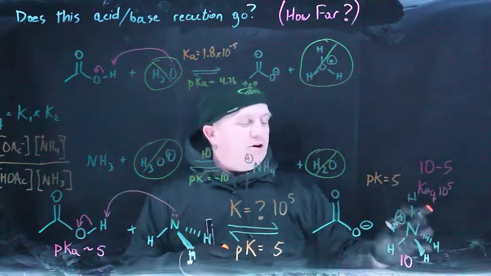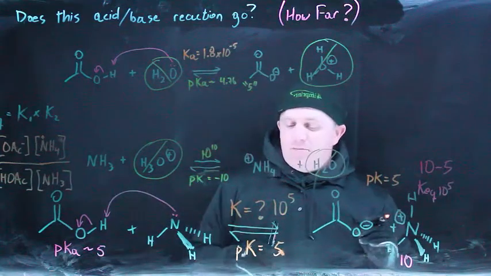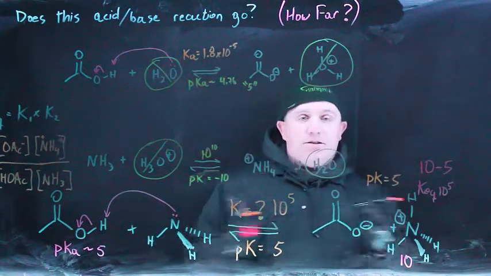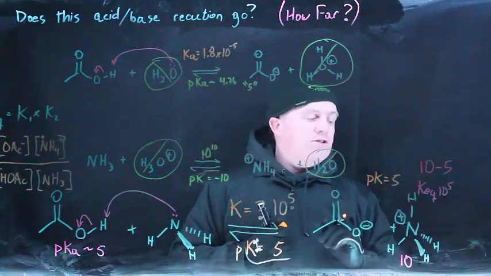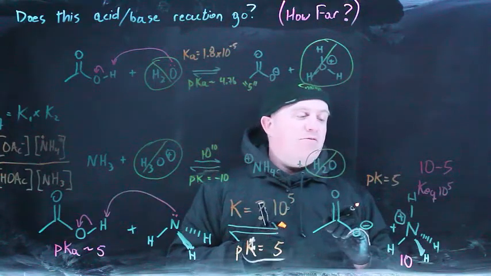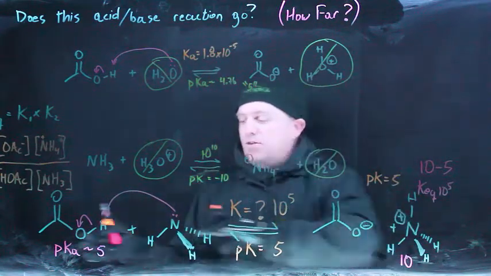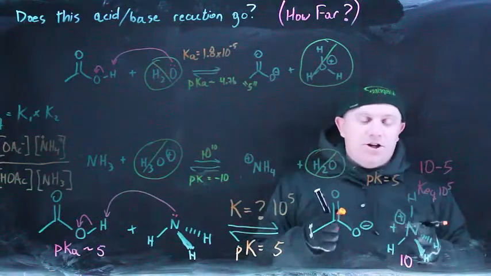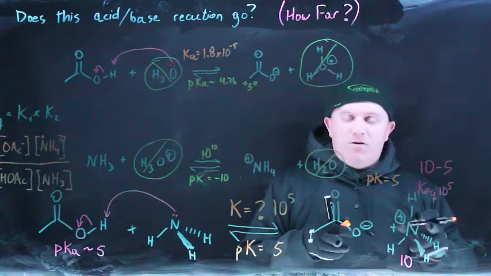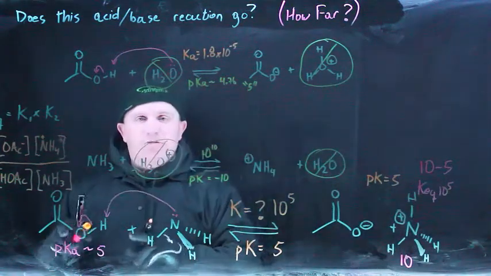Again, you take the number over here and you subtract off the number over there, and that lets you say, oh yes, this reaction goes. It goes to the tune of pK units of about 5, which is to say 100,000. Therefore, the number is fairly large, and most of your reaction will be over on this side, and relatively little of it will be on this side.